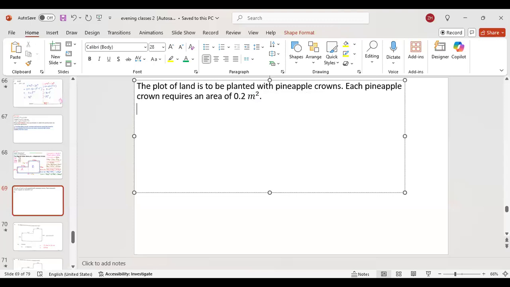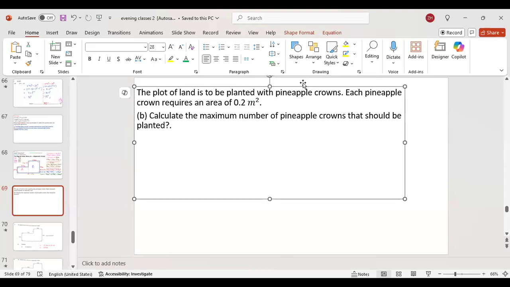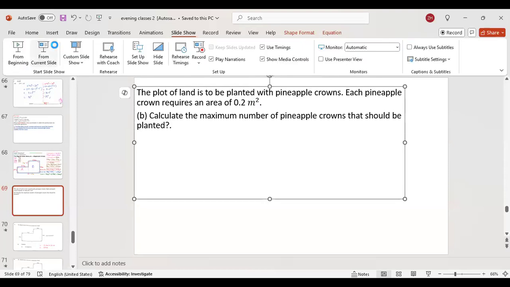Calculate the maximum number of pineapple crowns that should be planted. Okay, calculate the maximum number of plants that should be planted.